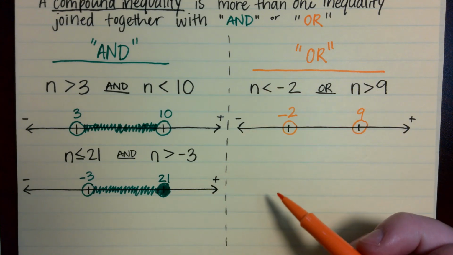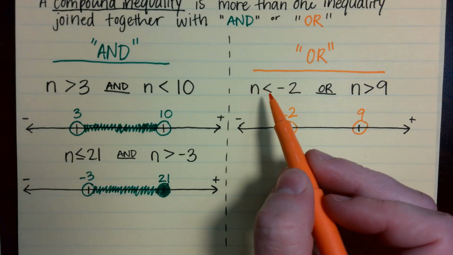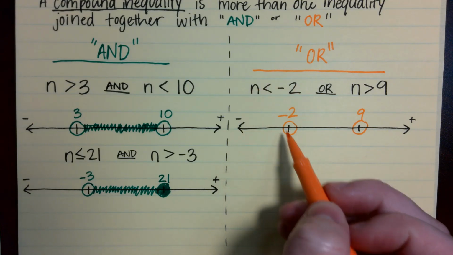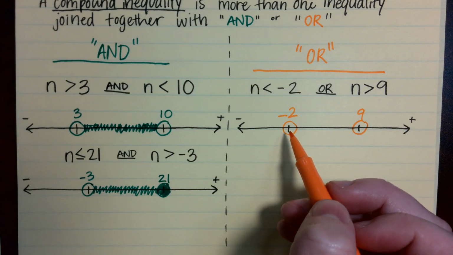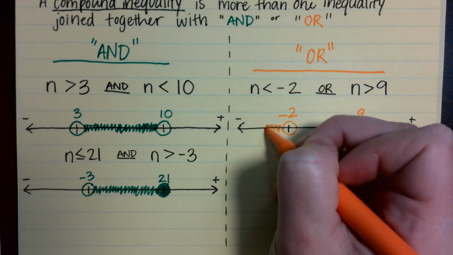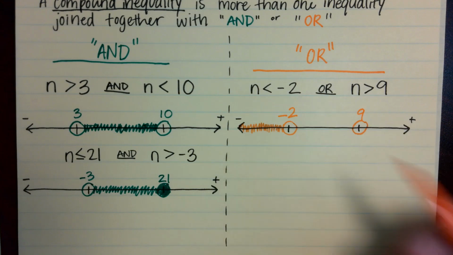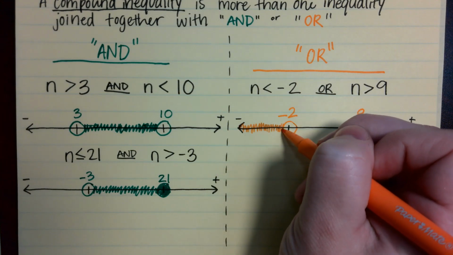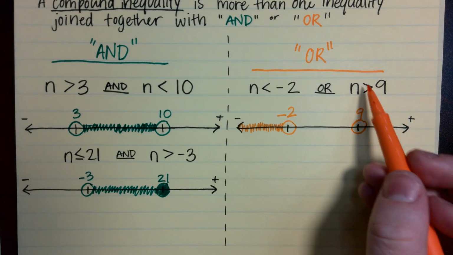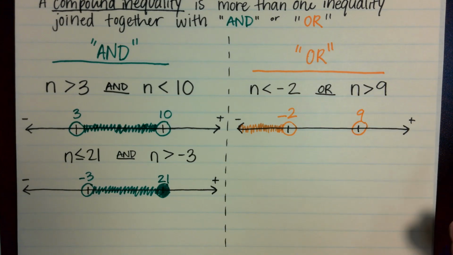And then let's look at our direction here. I have n is less than -2. So I'm going to look at my -2, and what direction am I going? Good. To the left. We're going to go where the numbers are less than -2. And now let's look at 9. I have n is greater than 9, so which direction for 9?